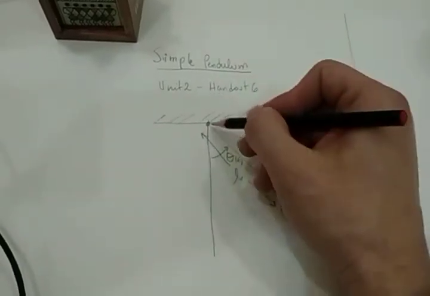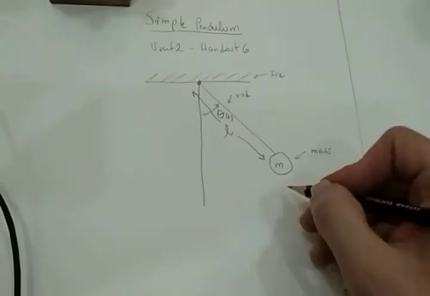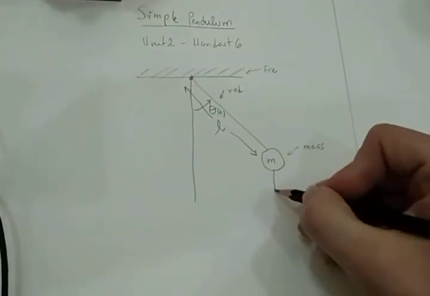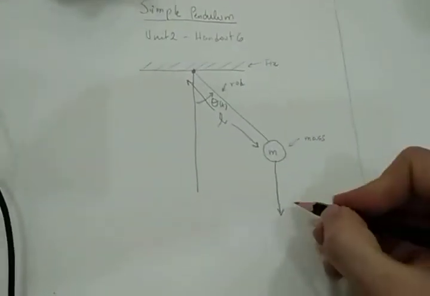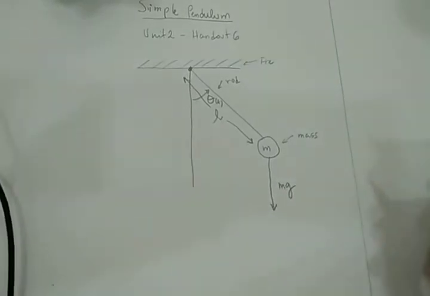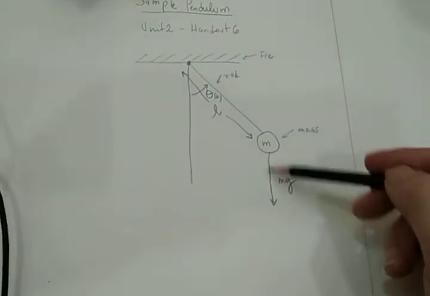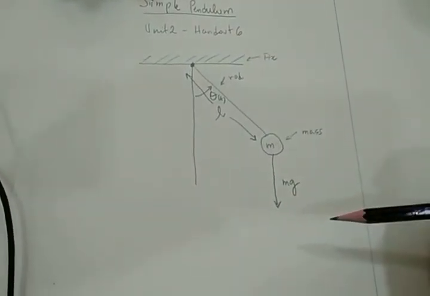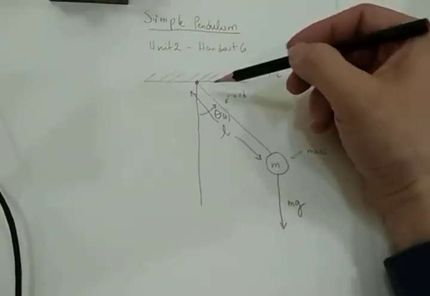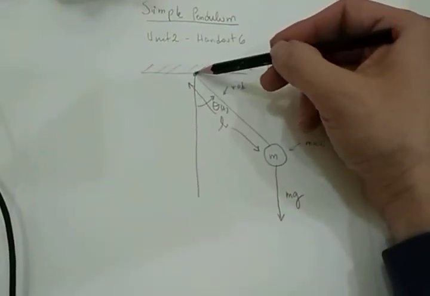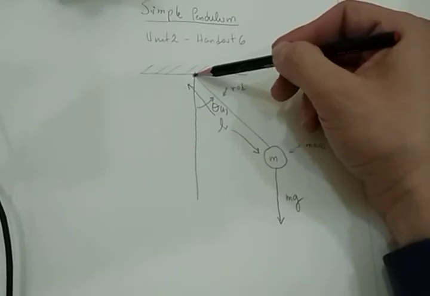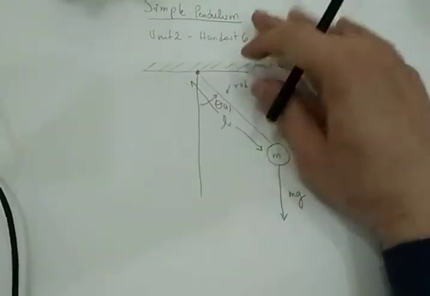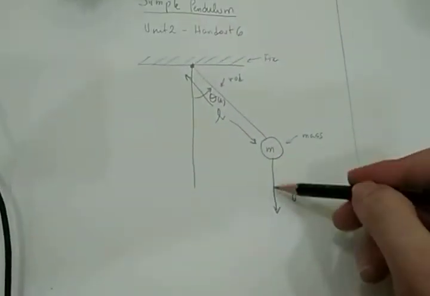We will assume that the only force acting on this mass would be mg, the weight of this mass. It means that we don't consider any friction here or on the mass, nothing. The only force will be this mg.